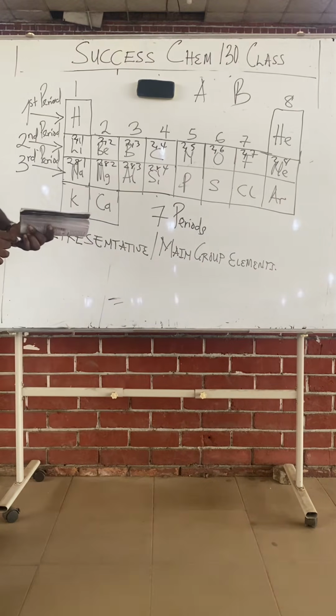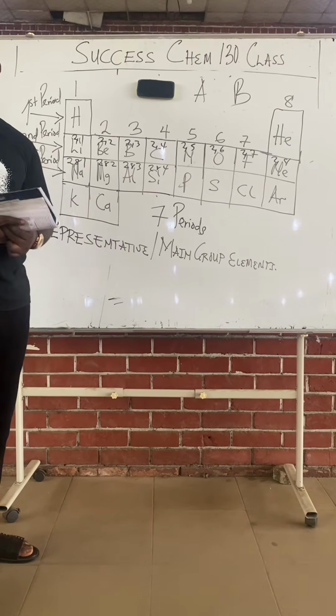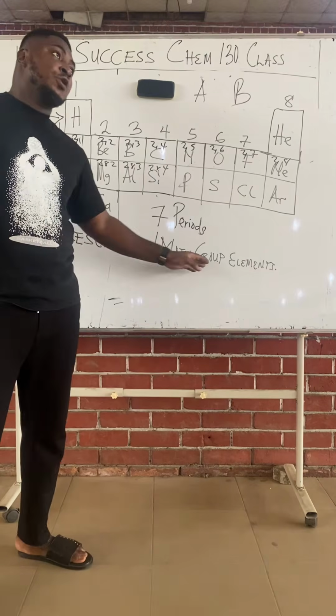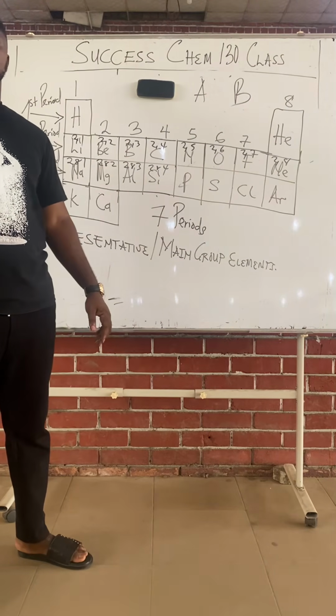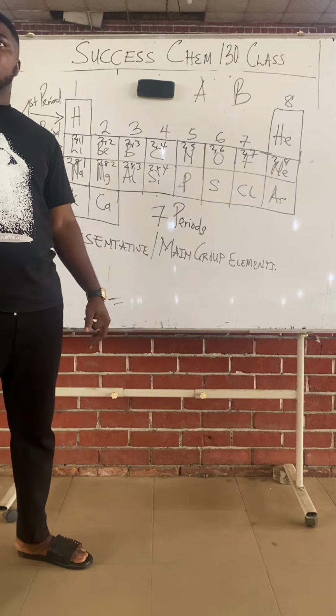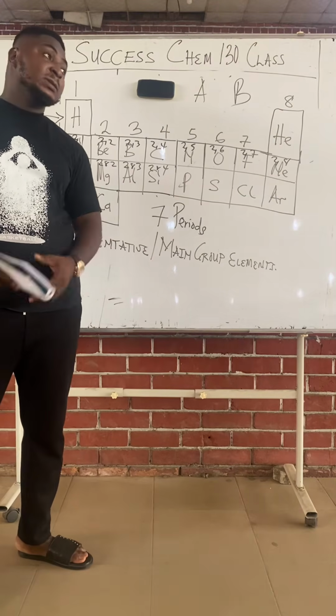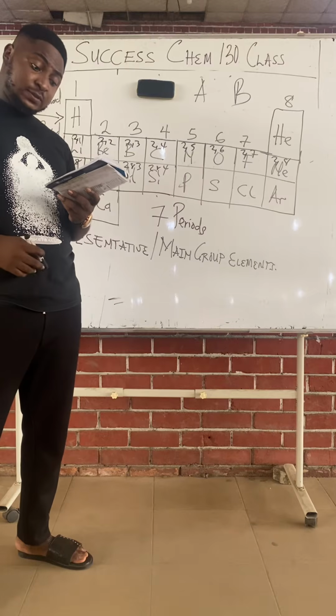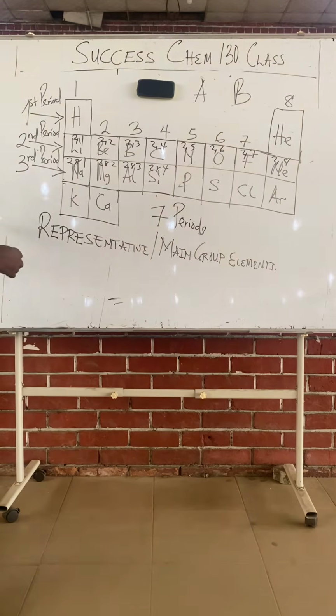Elements in subgroup A are called what? Representative elements, or the what? Main group elements.